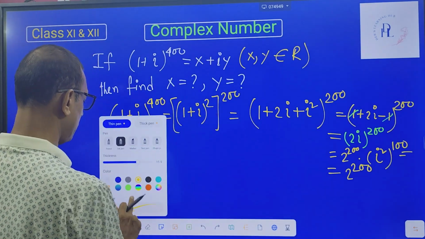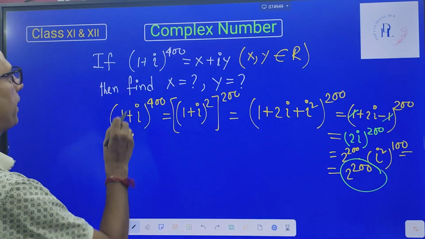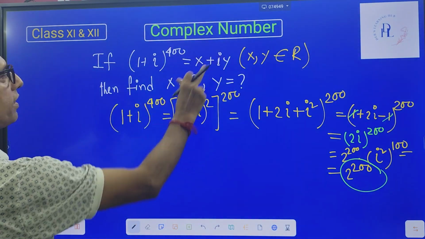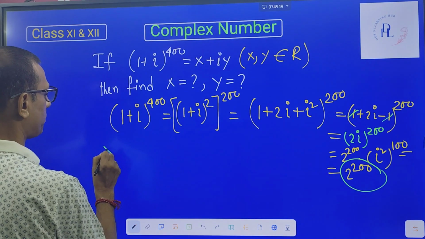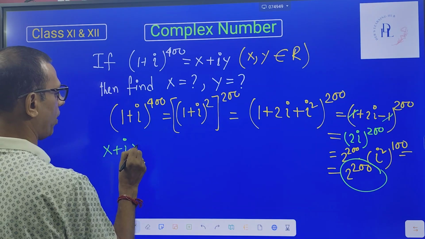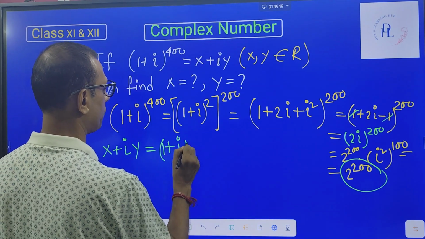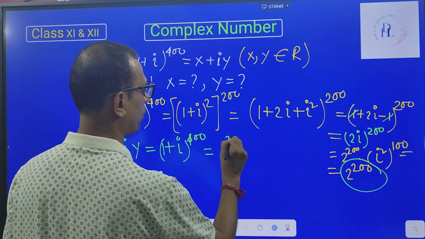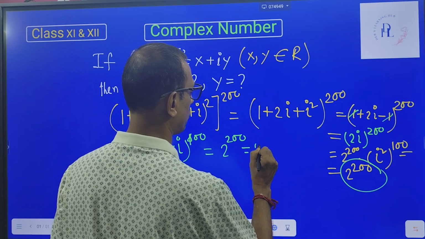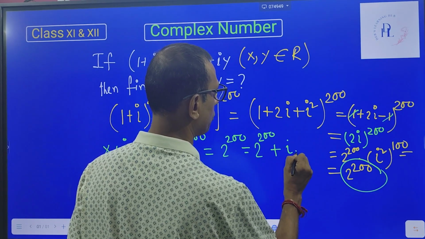Now what you need to do? This one you need to express or compare with x + iy. So x + iy, that is equals to (1 + i)^400, that is equals to 2^200, that is what you can write down 2^200 + i into 0.